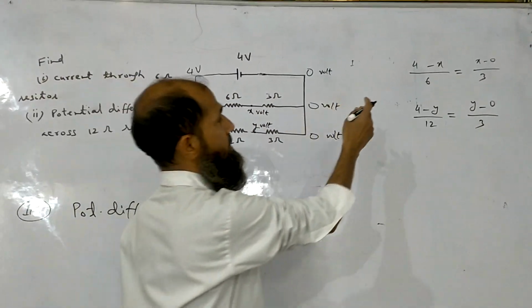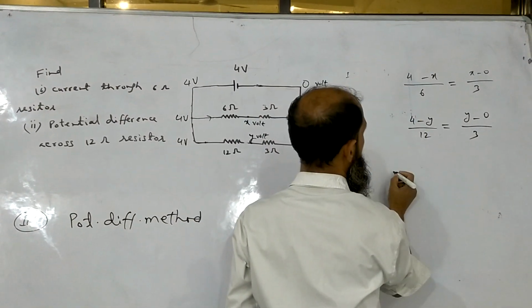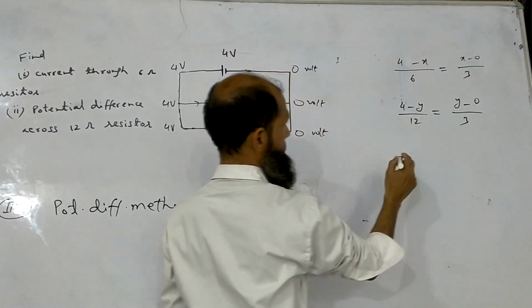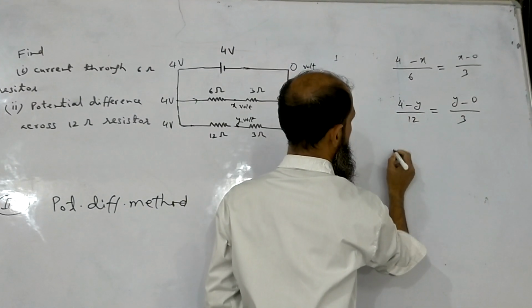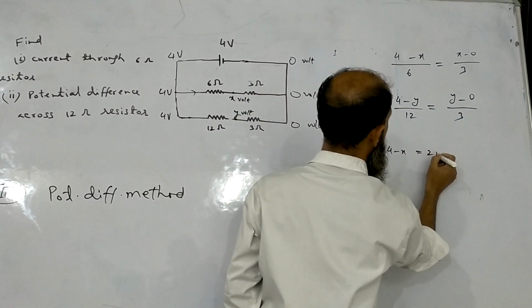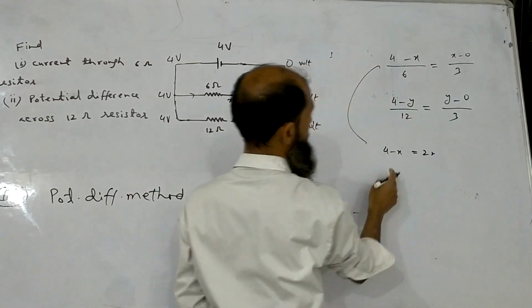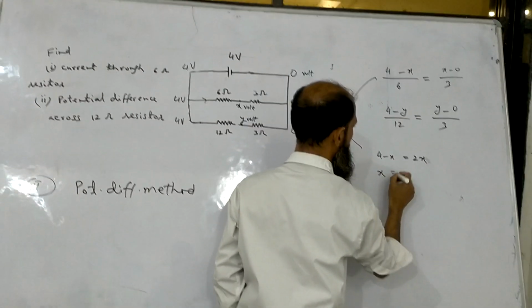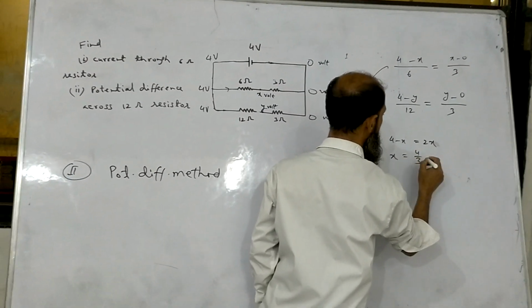Now from the first equation you can solve it. X is equal to how much? 3 and 6 cancel out, 2. So 4 minus x is equal to 2x, and so x is equal to 4 divided by 3 volt.